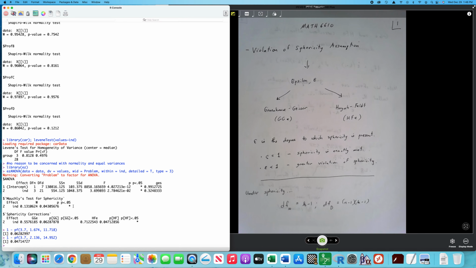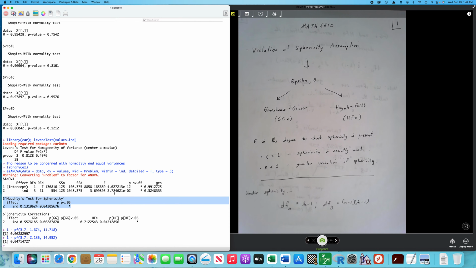Typically when we run something like this, we come to our ANOVA output and have tunnel vision on the p-value, but we don't here because we need to, first of all, determine if Mauchly's test for sphericity is statistically significant or not.